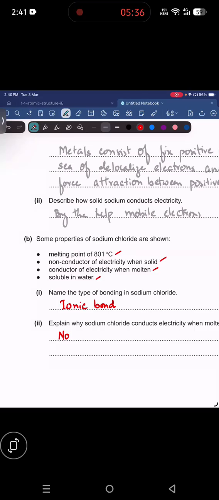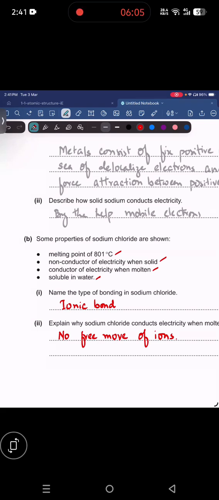So in the ionic bond, the ions are free to move, or there are mobile ions.